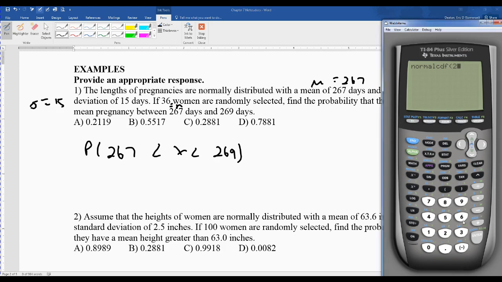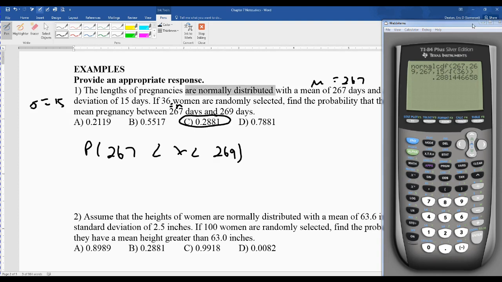So 267 will be our lower, 269 will be our upper, and then our mean is 267. Yes, your mean can be one of the limits. And the standard deviation is 15. However, we have a sample size of 36. So divide that by the square root of 36, or 6. Hit enter, and we get our answer.